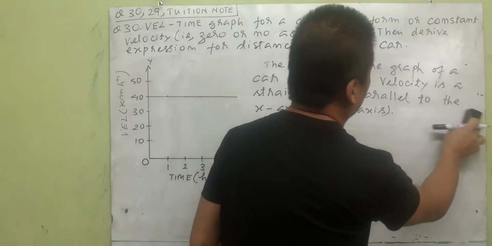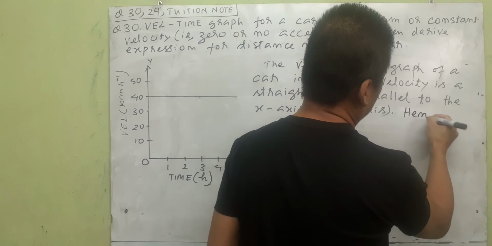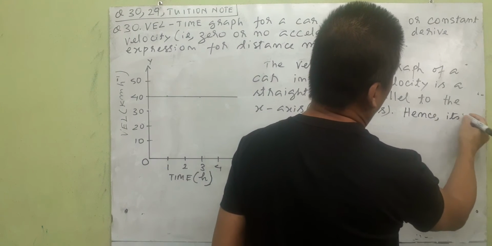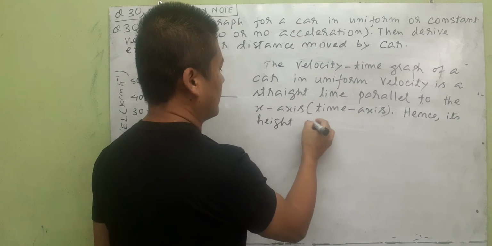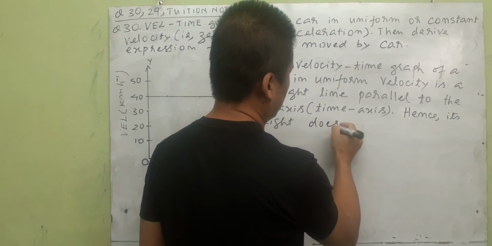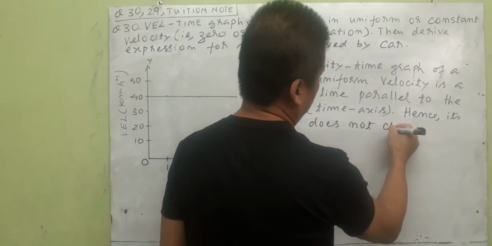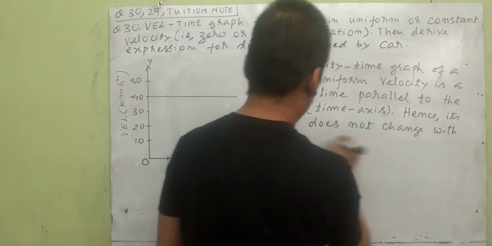Hence, since it is a straight line parallel to x-axis, we can say its height, means the height of the graph, does not change, remains same with time.